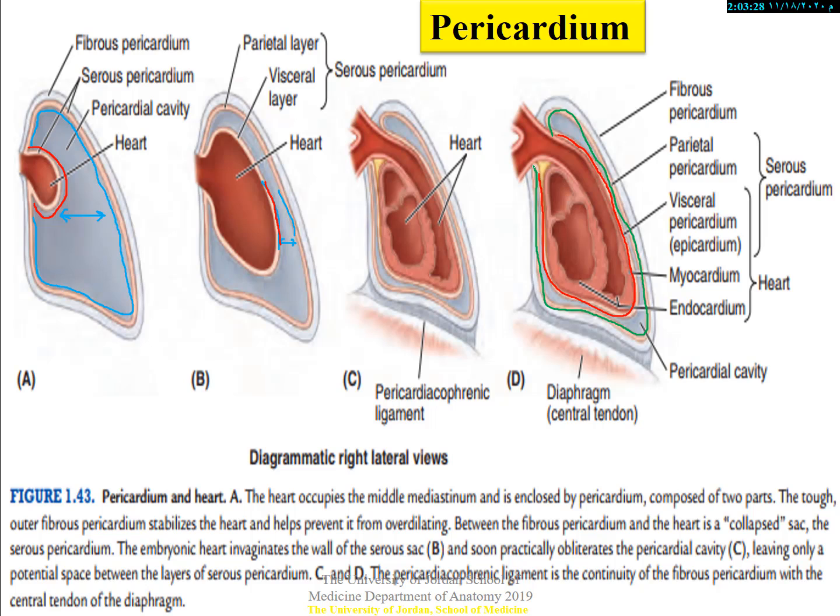These two membranes are considered to be serous, and they secrete, of course, lubricating fluid to minimize friction between the visceral and the parietal layers.